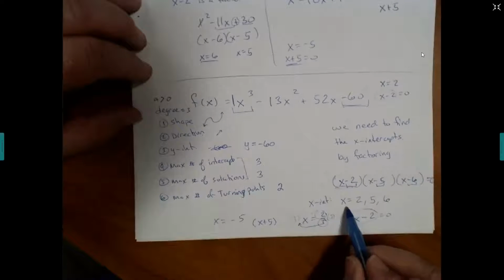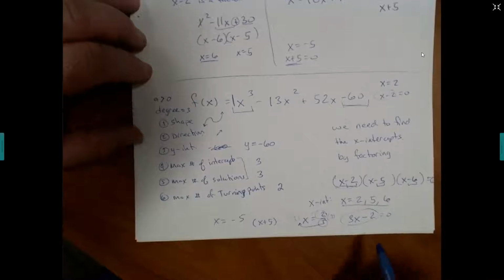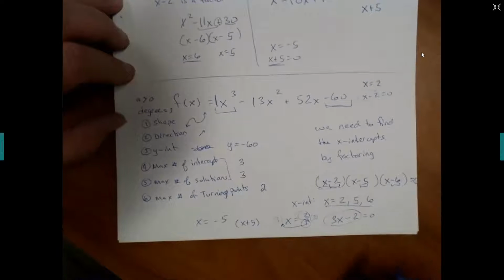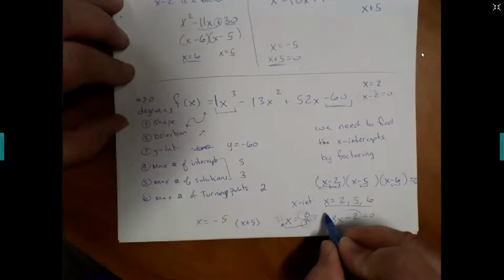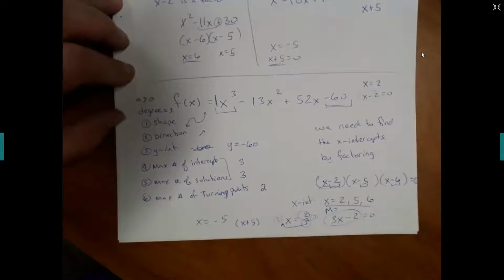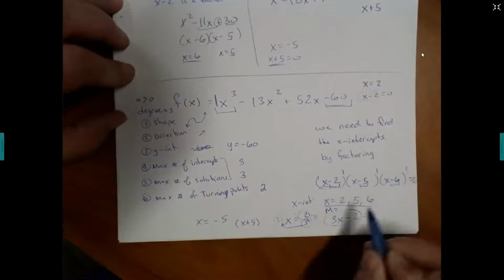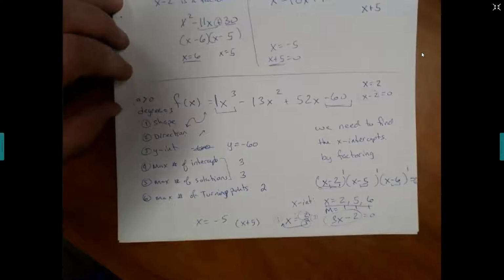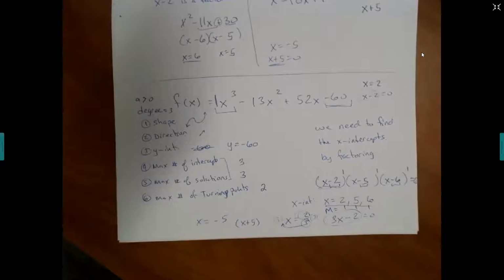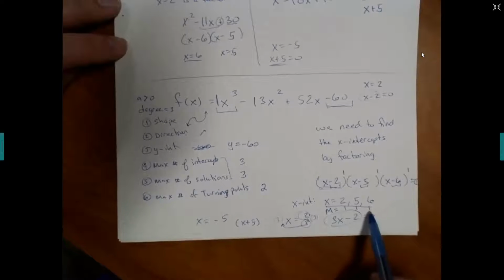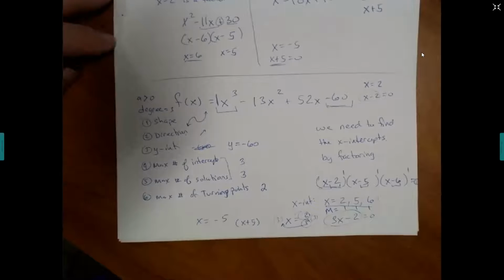So, okay, we have the x-intercepts. We also have the multiplicities. What are the multiplicities of each of these? 1, 1, 1. So what does that tell us about the graph? It's odd, so since the multiplicity is odd, we know the line crosses the x-axis at these points.